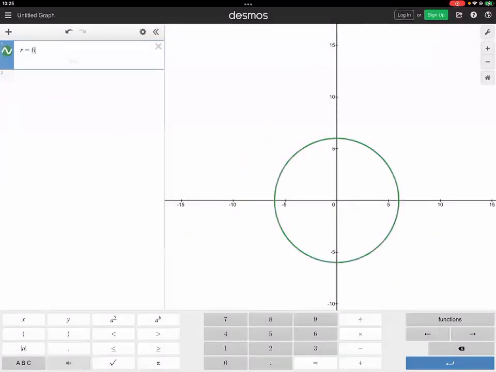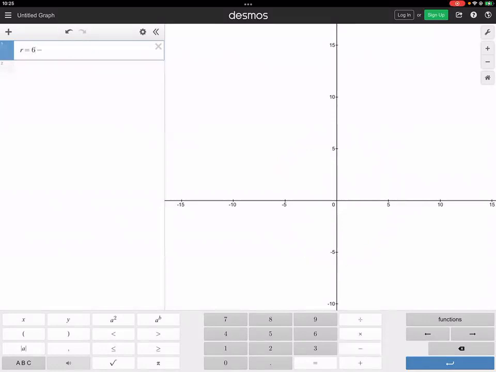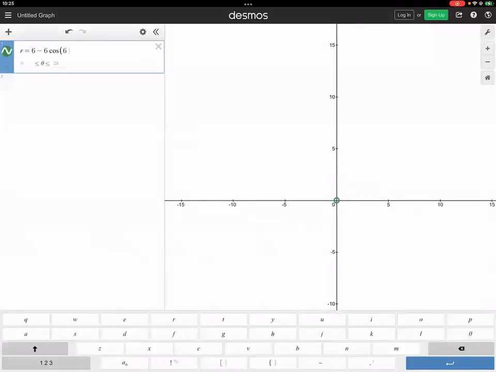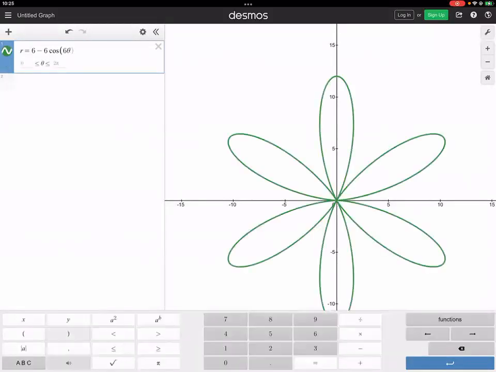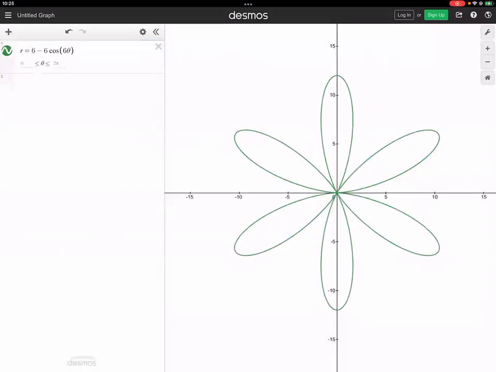Now, I also want to show you something too. So let's just say I want to make a flower. Actually, I can make a flower. I can make a flower like this. Like this. All right. So now this will be very difficult to make if you use the XY coordinate system.